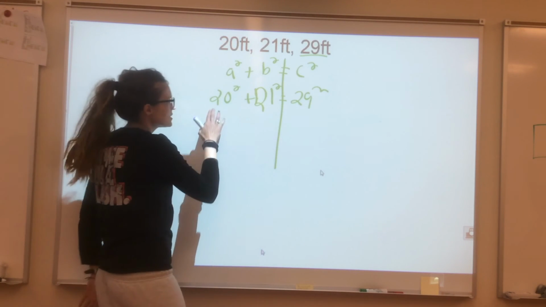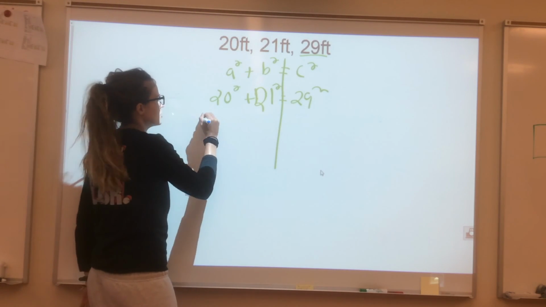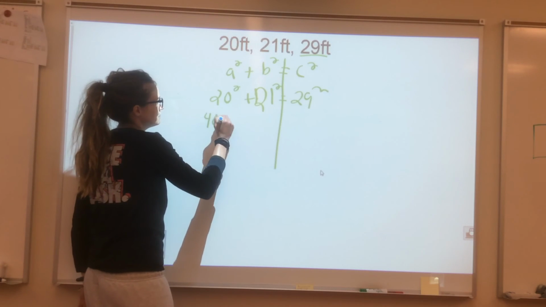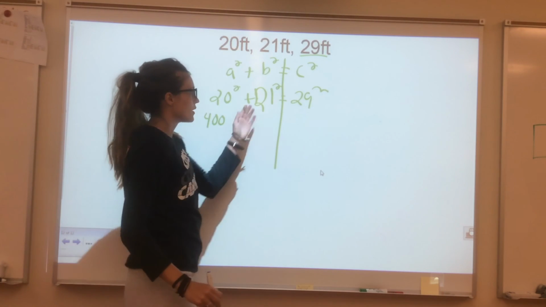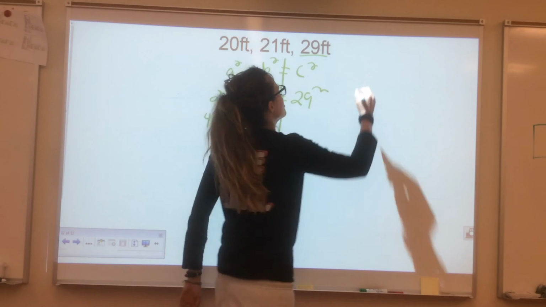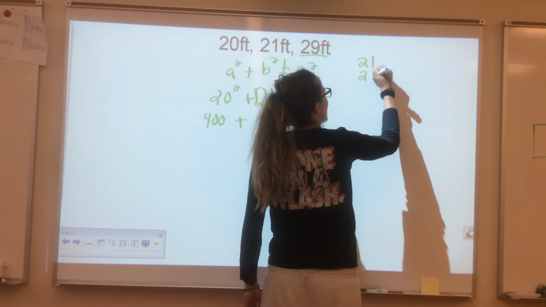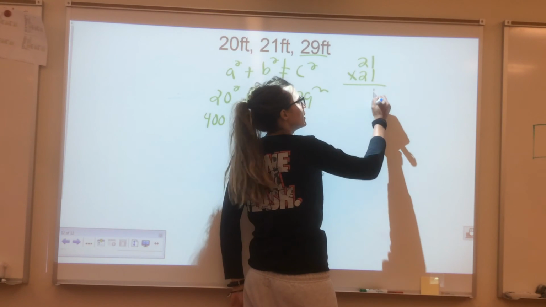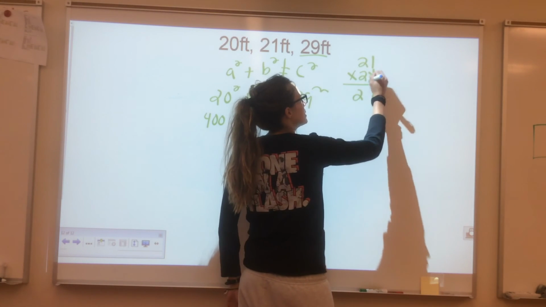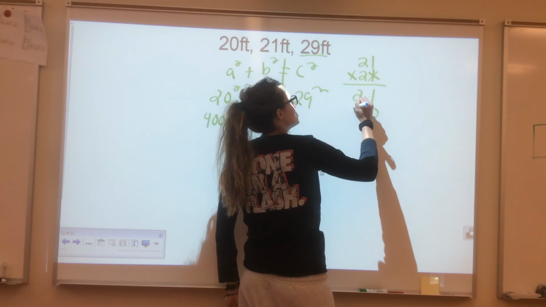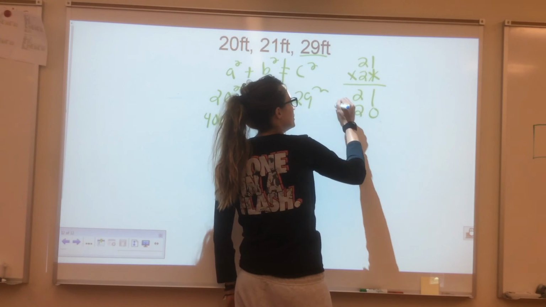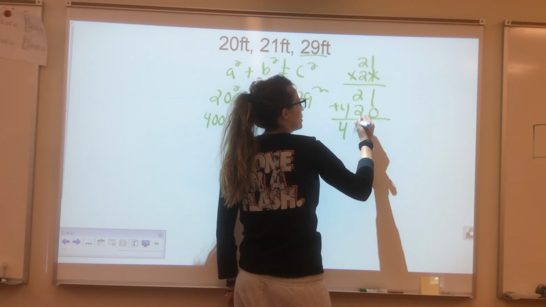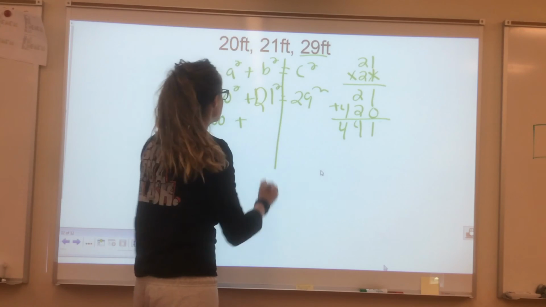Okay, 20 squared, 20 times 20 I know is 400. Okay, 21 squared, you have that on your multiplication chart, but if you don't have it available, you just multiply. 1 times 1 is 1, 1 times 2 is 2, cross it out, put a 0, 2 times 1 is 2, 2 times 2 is 4, so 441. So this will be 441.